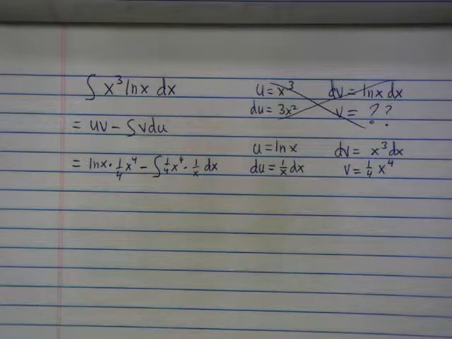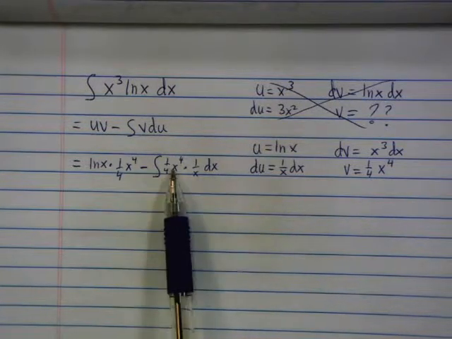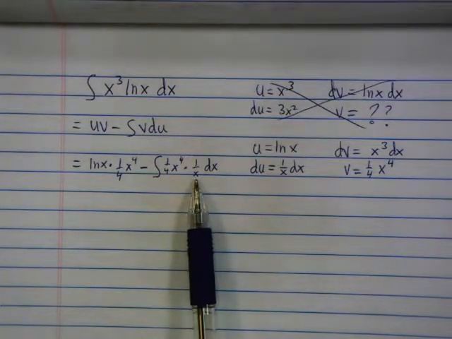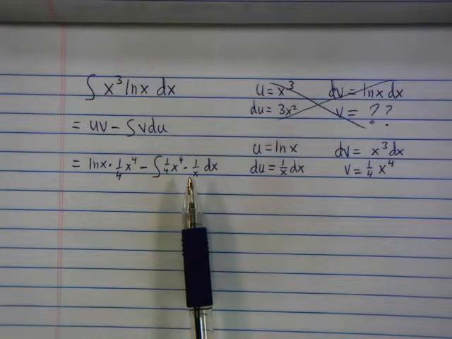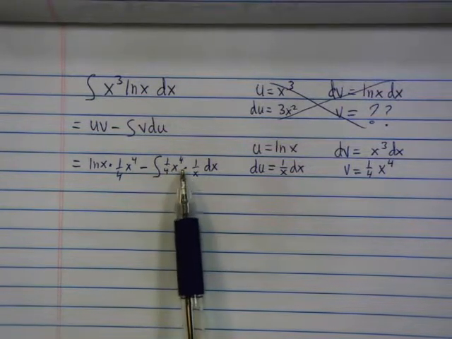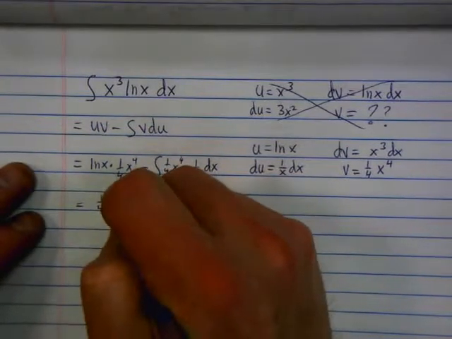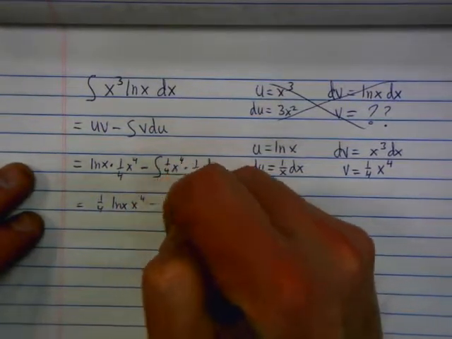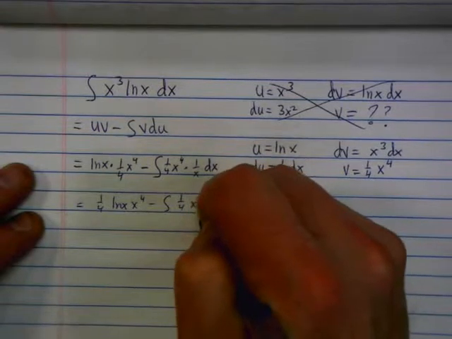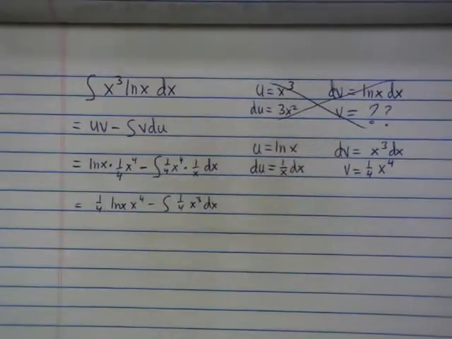Did we eliminate that multiplication problem that we had? Yes, because x to the 4th times 1/x is, you can write this as 1/4 x cubed. So it didn't all go away, but you can combine terms and write this as 1/4 x cubed dx. And so it did get rid of the multiplication problem for us.